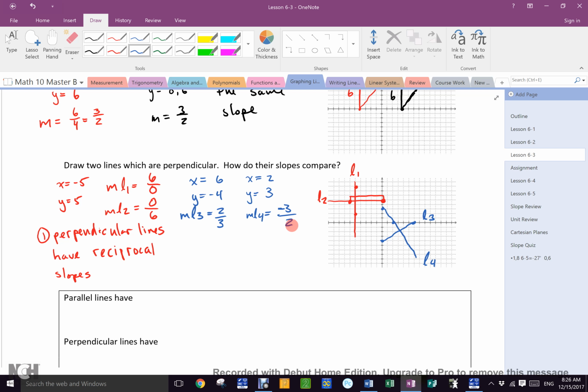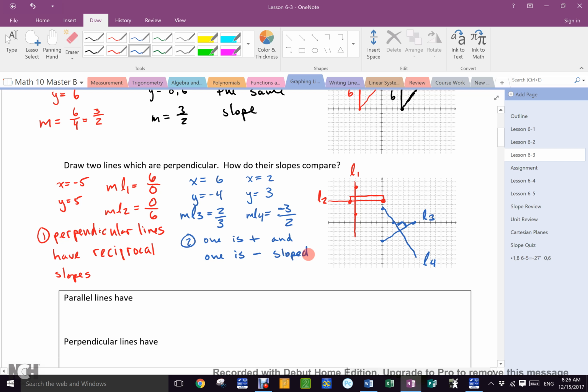Now, what do you notice about the blue ink that is similar to the red ink? Carlin? They did reciprocate, yes. But something else happened as well. One became negative, right? Now, this angle right here is 90 degrees. So the second part of perpendicular slopes, we know they're reciprocated, but one is positive and one is negatively sloped.